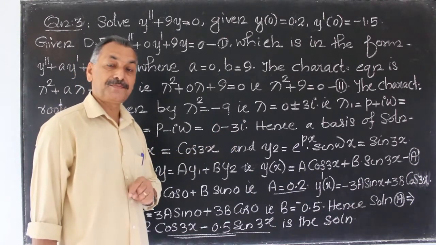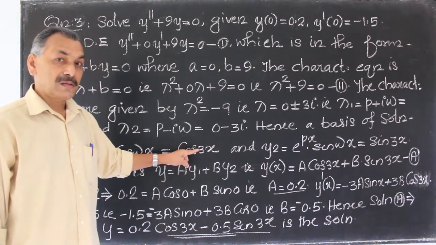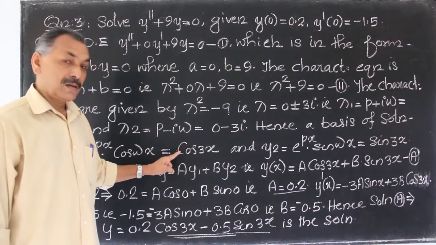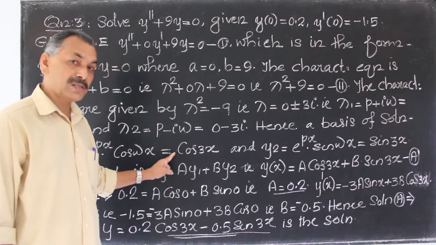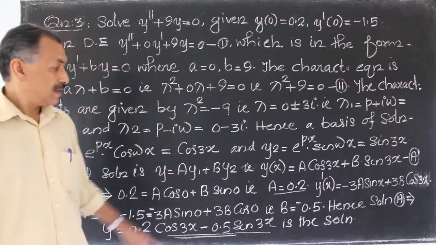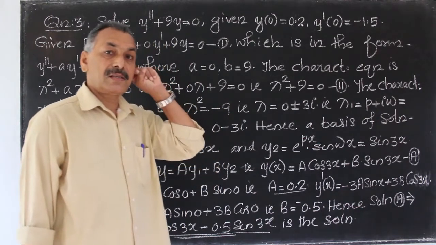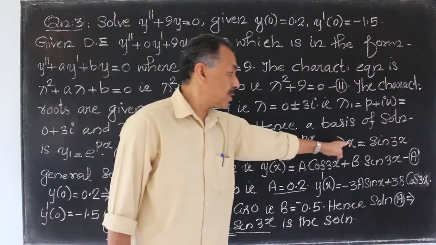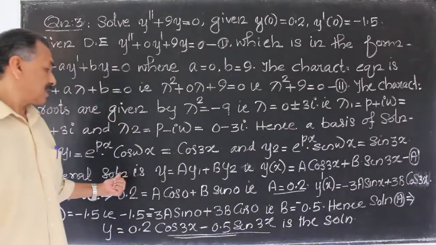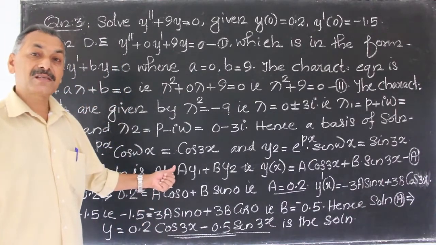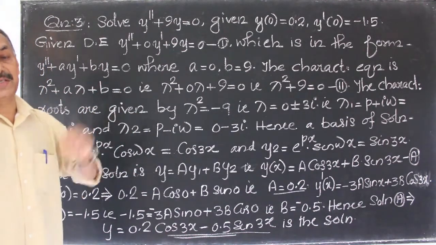Now e raised to px means e raised to 0x, that is e raised to 0, 1, cos 3x. And y2 is equal to e raised to px into sin omega x, that is 1 into sin 3x. So y1 is equal to cos 3x and y2 is equal to sin 3x are two linearly independent solutions.